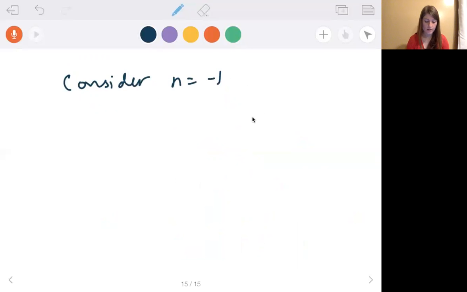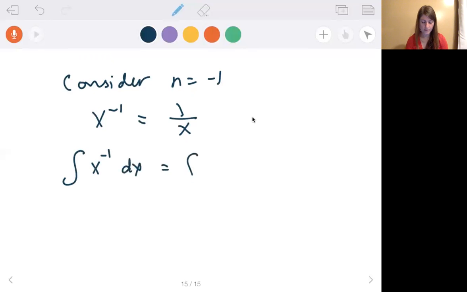And we already said that x to the -1 is problematic because of that division by 0 in the power rule. But if you consider this function, x to the -1 is actually a 1 over x. So when we're saying the integral of x to the -1, this is the same thing as the integral of 1 over x dx, rewritten in a different form.